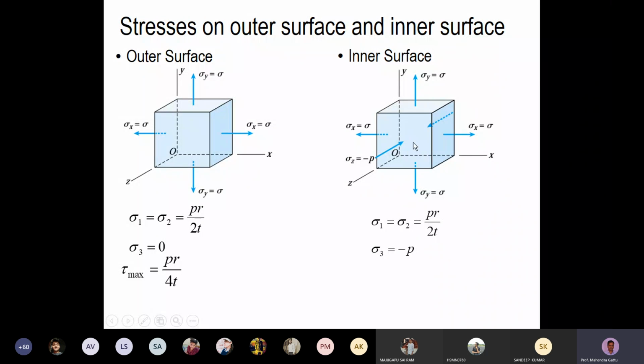So those will have some values, and the maximum shear stress in xz or zy will be the absolute value of sigma 1 plus the absolute value of sigma 3, divided by 2. So it will be PR by 4T plus P by 2. Okay, so that is what we have here.